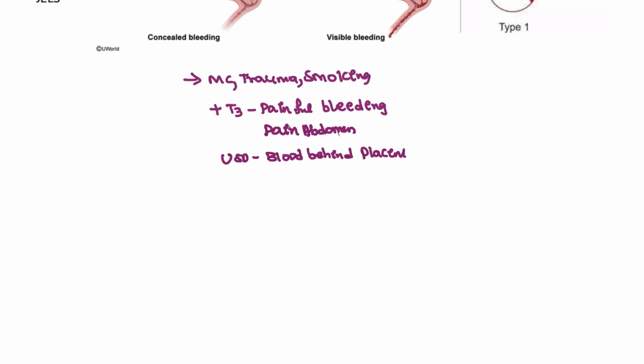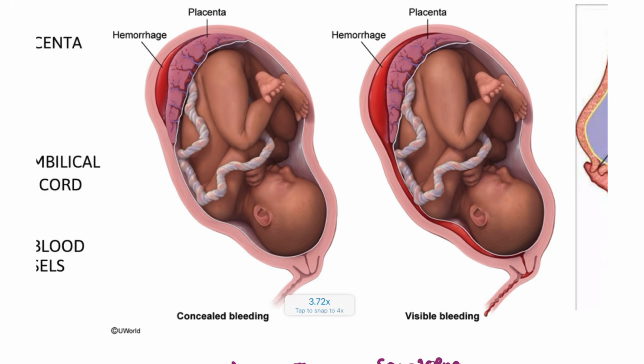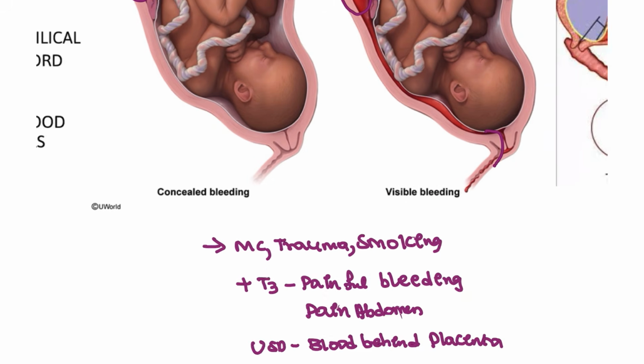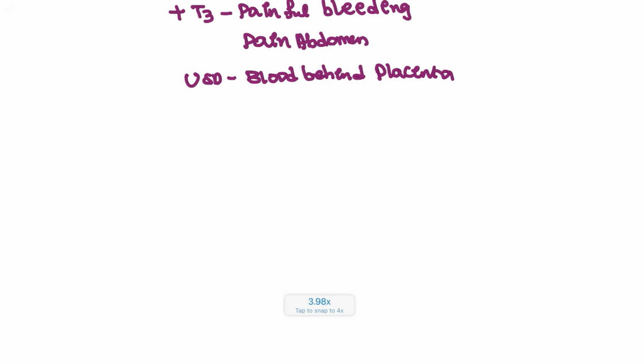It could be the concealed type or the revealed type. What is the risk if it is the concealed type? It can lead to DIC, disseminated intravascular coagulation, because of the thromboplastin.